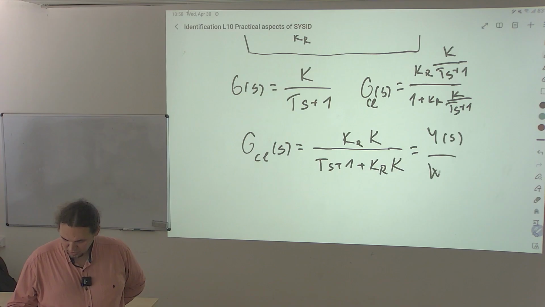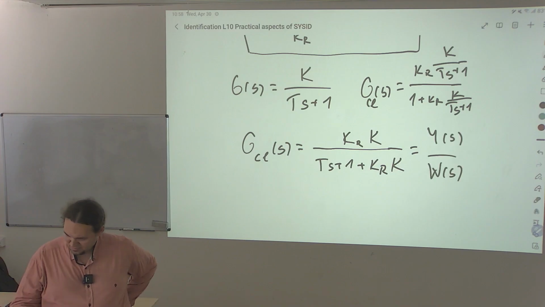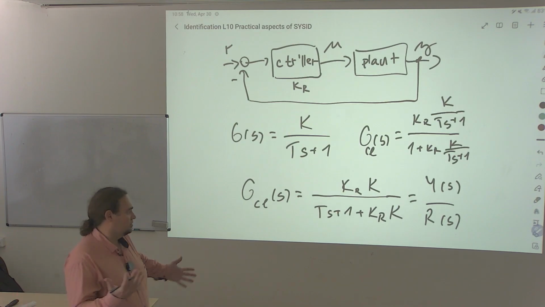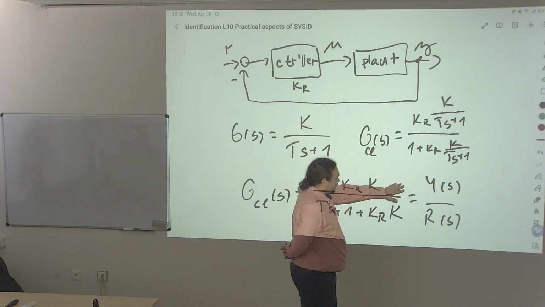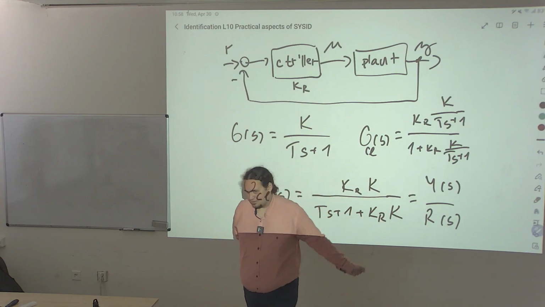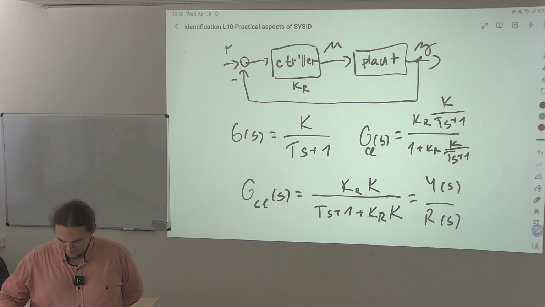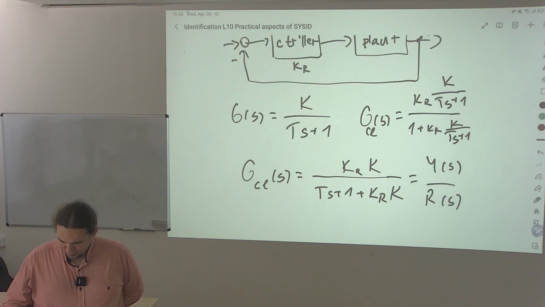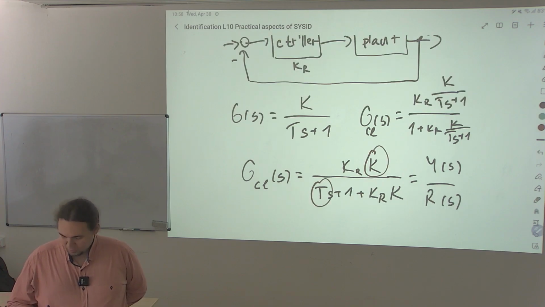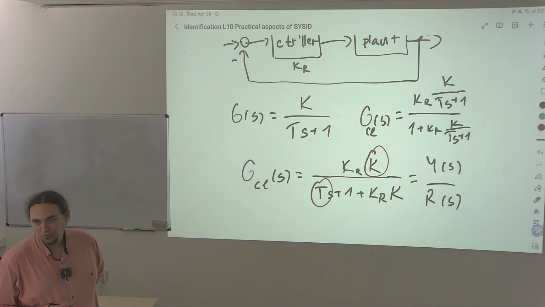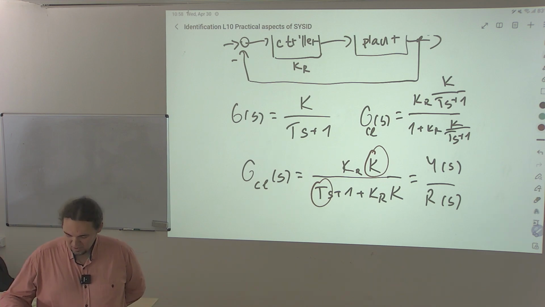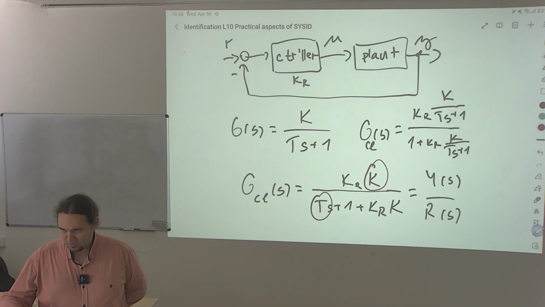Just to recall, I wrote R here. This is now the relation between the response and the reference value. And still our unknowns, there are 2 unknown parameters that can be translated to some ARX model. Make sense?